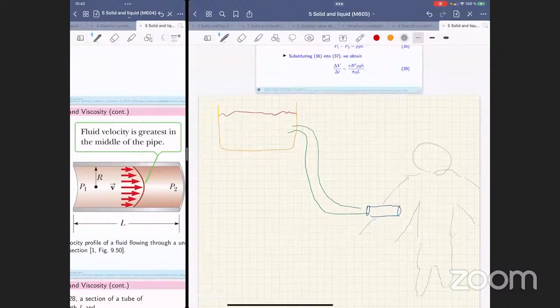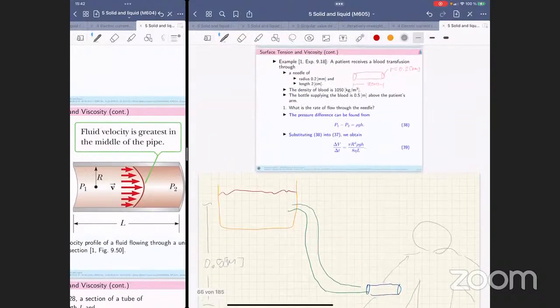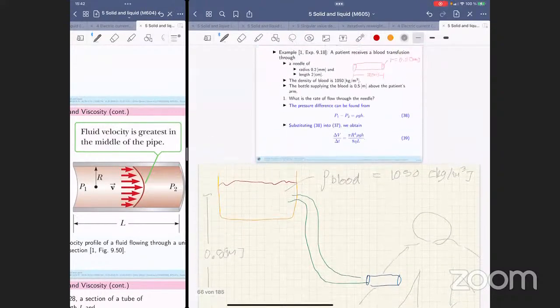This guy, and the height here is 0.5 meter. This is raw blood, the density of the blood is 1050 kilograms per cubic meter, and the needle is of length 2 centimeters.